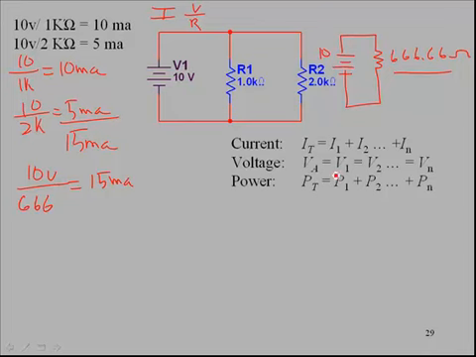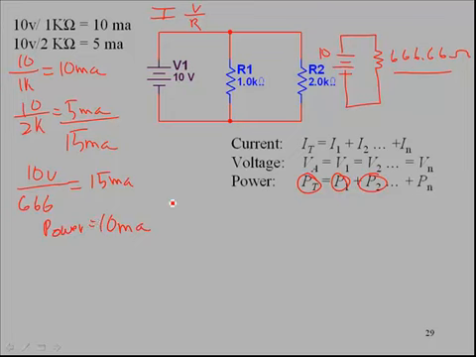Now the voltage VA, well, it's kind of obvious here. The applied voltage is VA across R1, R2. It's the same thing, so there's nothing profound about voltage. Okay, power. The total power is going to be the sum of P1 plus P2 plus however many more components you have. Let's look at the individuals first. The current through the 1K was 10 milliamps, and this is going to be the power here.